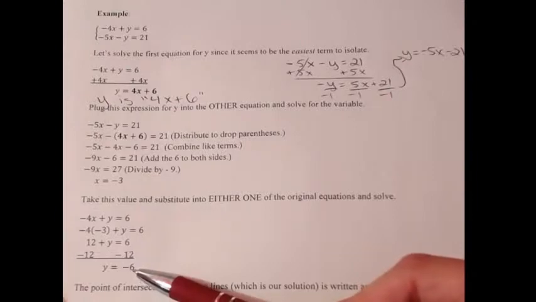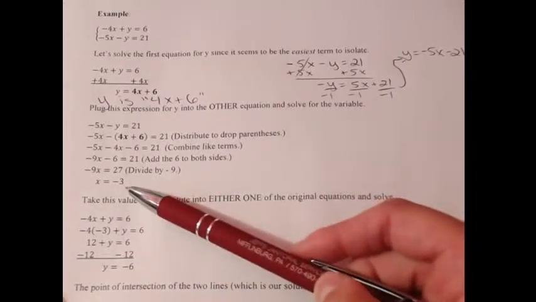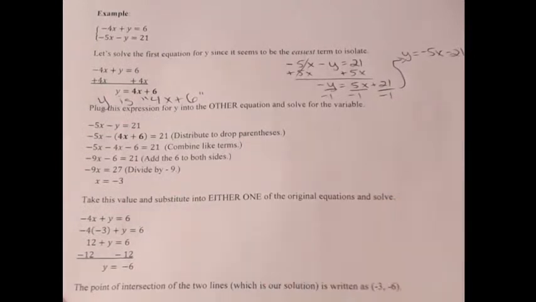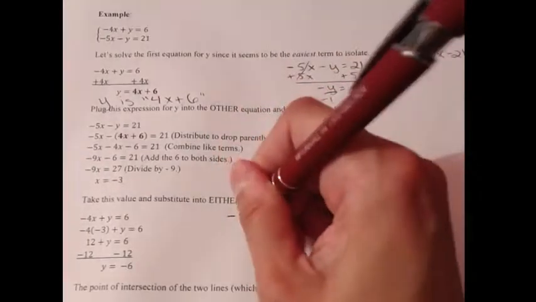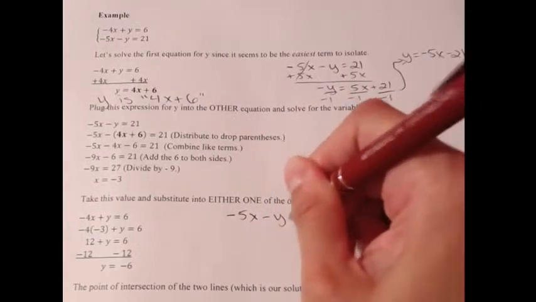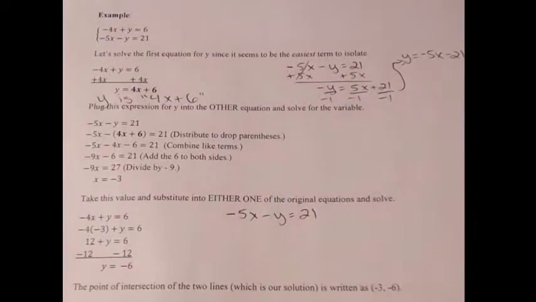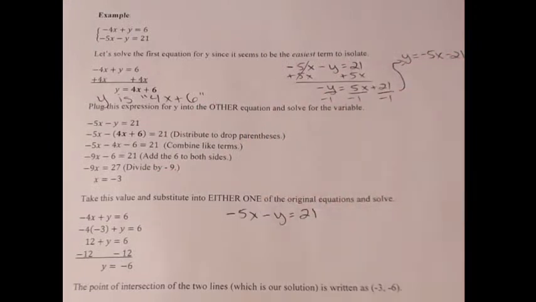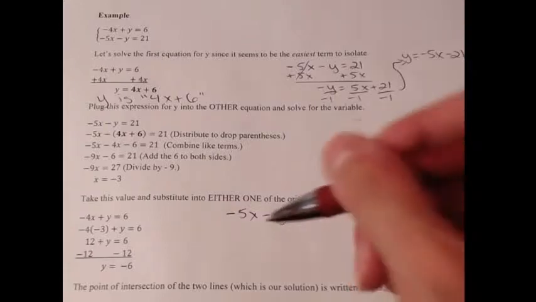Now, some of you may be thinking, well, you found that x is equal to negative 3. Why did you plug it into the first equation in our system? Well, you don't have to. I'm going to write out negative 5x minus y is equal to 21. And what I'm actually going to do is substitute x is equal to negative 3 here in our second equation, just so I can prove to you that it doesn't matter which equation you plug this into.